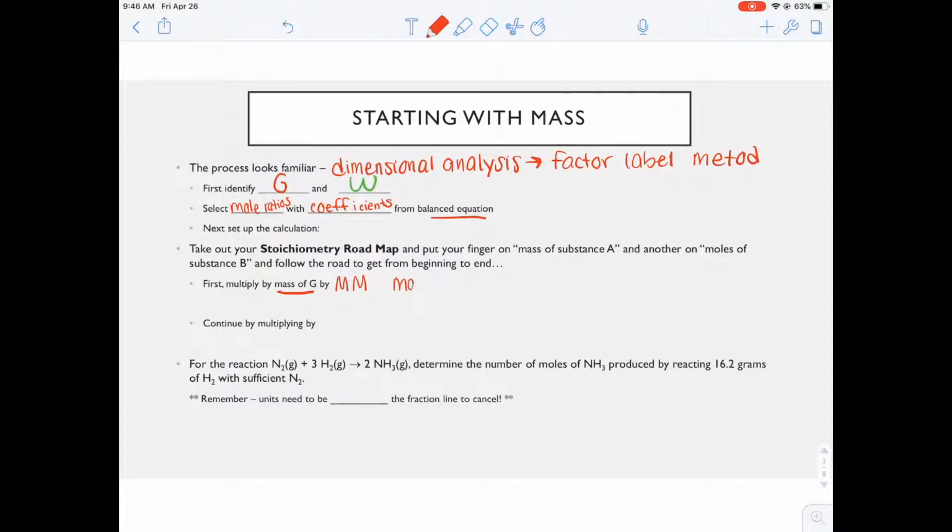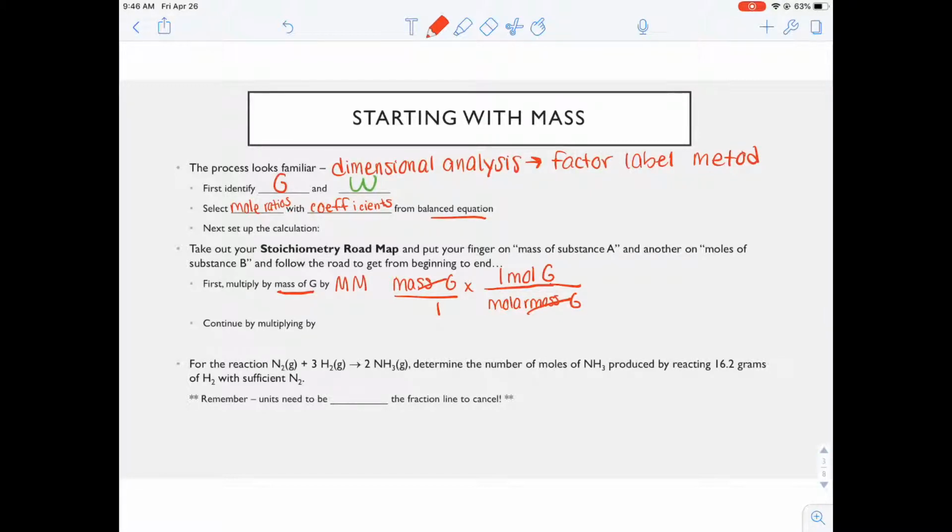So the mass of the given, whatever number you're given in a problem, put it over 1. Multiply it by the molar mass. The molar mass of the given will go on the bottom, and 1 mole will go on top. That way our masses will cancel out, and we'll be left with moles.